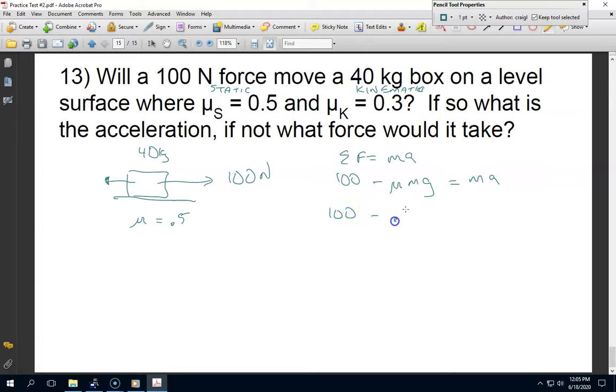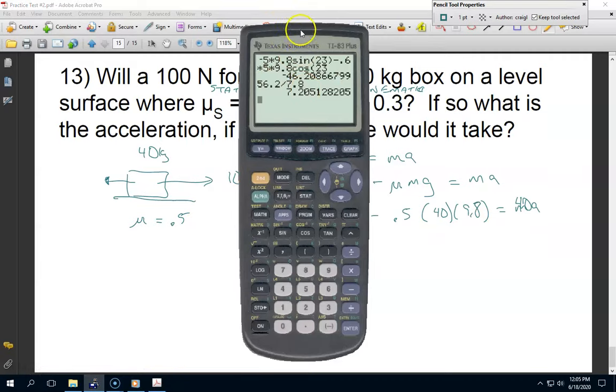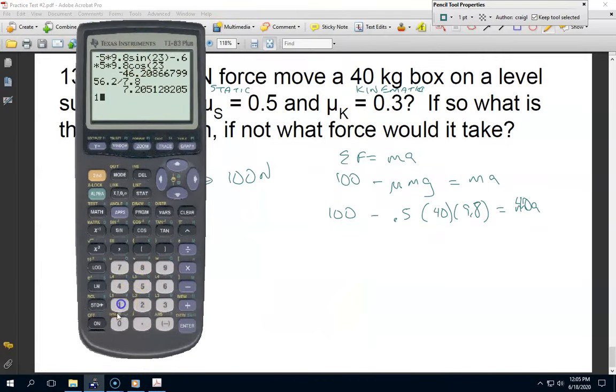100 minus 0.5, the mass was 40, g is 9.8, and that's equal to mass, but the mass is 40 right there. We're really asking, what is a? I could divide through by that 40. Let's do that real quick. On the left-hand side: 100 minus 0.5 times 40 times 9.8.